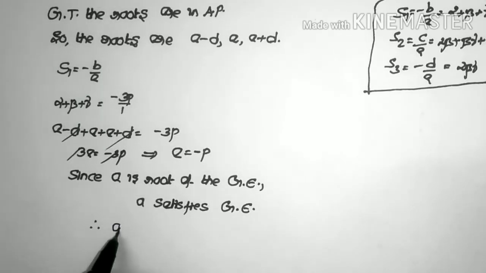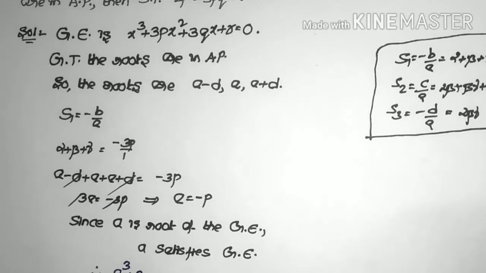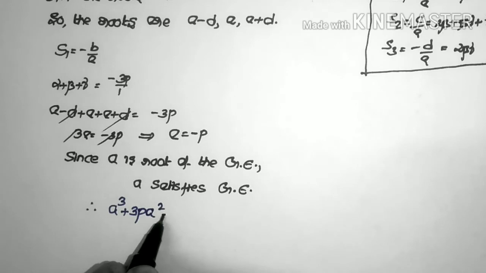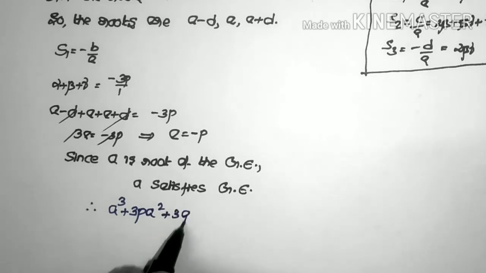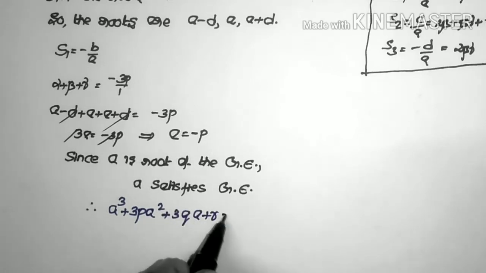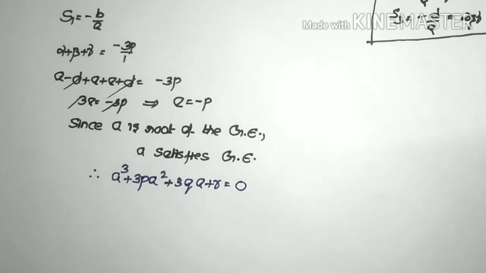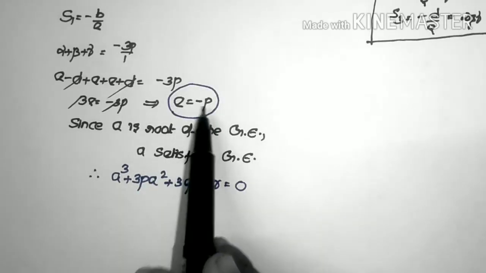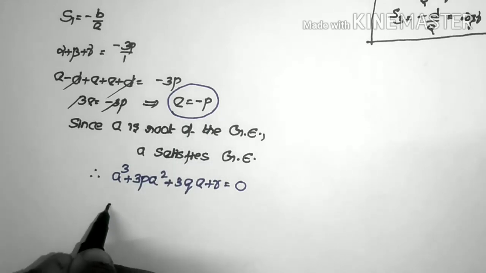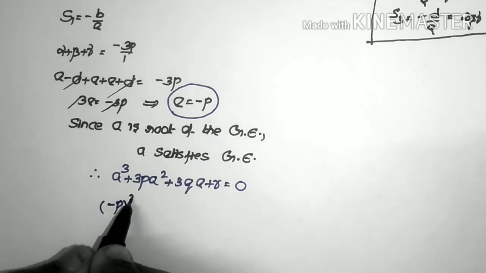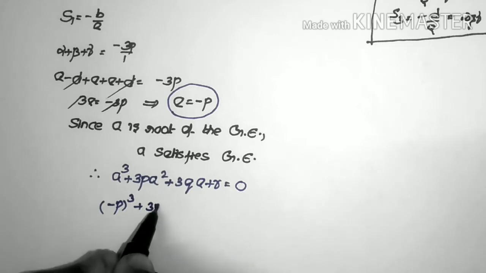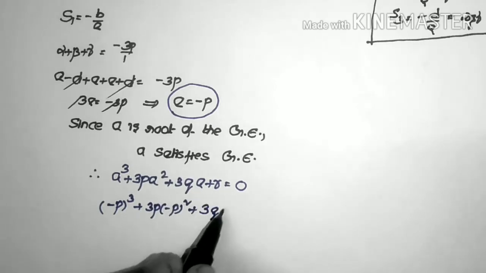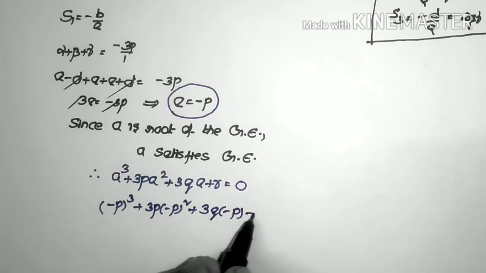That is, a cube plus 3p a square plus 3q a plus r is equal to 0. But what is the a value? Already we have a is equal to minus p. Now substituting a is equal to minus p here, we get minus p whole cube plus 3p into minus p whole square plus 3q into minus p plus r is equal to 0.